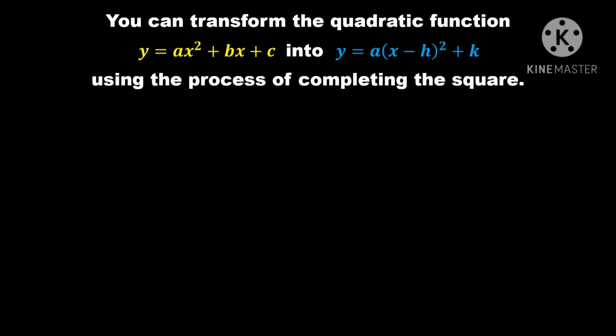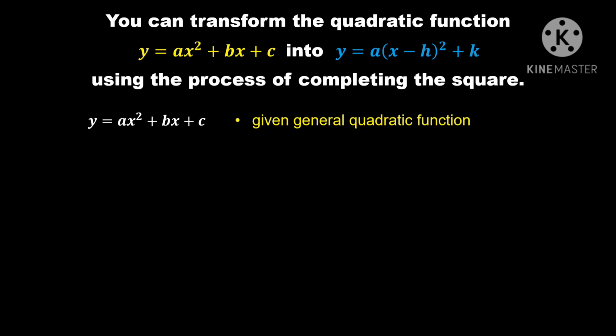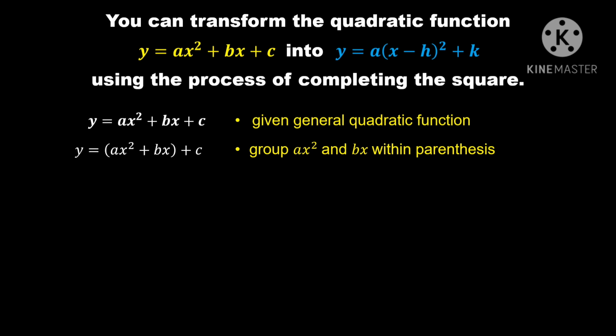So if we talk first about the general concept, for example, the given is the general quadratic function y equals ax squared plus bx plus c, and we want to transform this to vertex form. First, we have to group ax squared and bx within the parentheses, or in other words, we have to isolate the constant c.